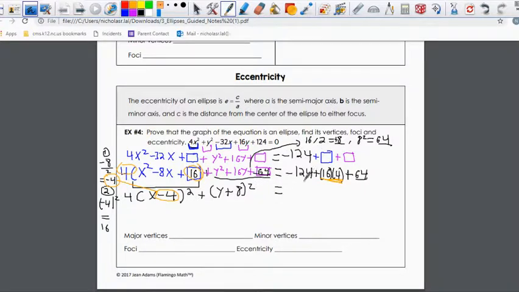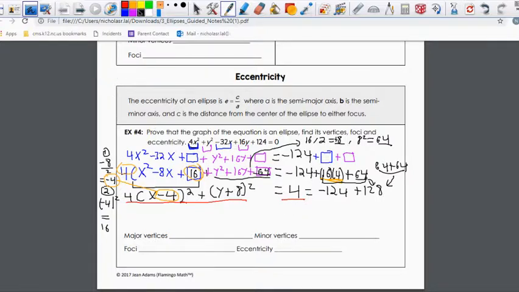And this is going to simplify into 4. The reason that's equal to 4 is because 16 times 4 is 64. So that 4 is equal to negative 124 plus 128. That 128 is because 64 plus 64 is going to be equal to 128. So now I have 4 times x minus 4 squared plus y plus 8 squared is equal to 4.